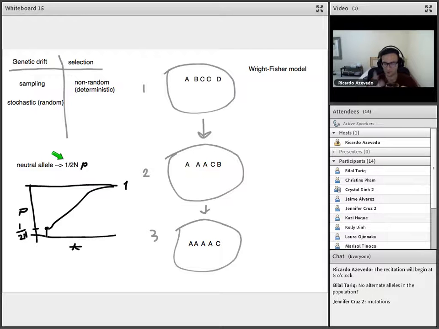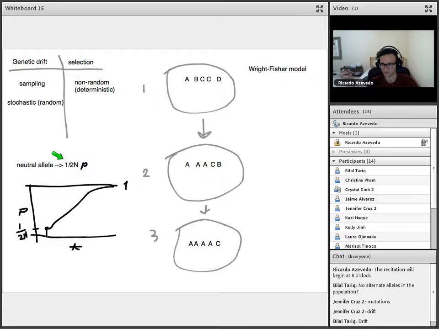So the first part of the question is how is this allele going to increase in frequency and go to fixation? What evolutionary forces are going to act on that process? Is it going to be drift alone, selection alone, or both?